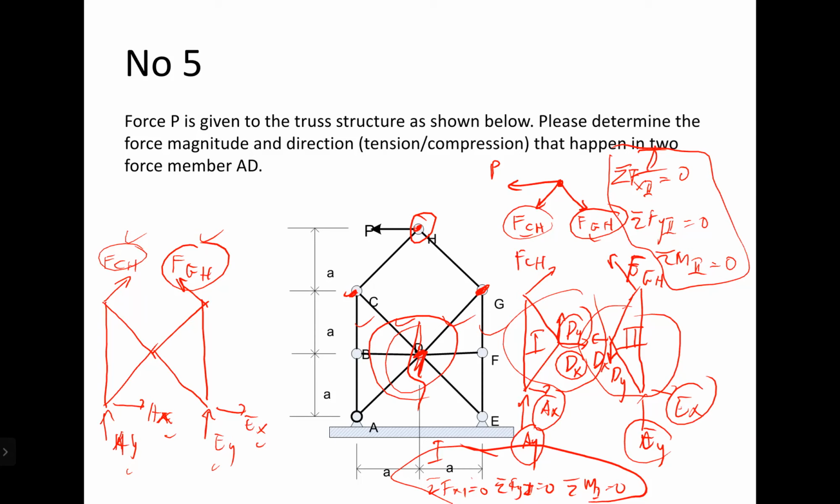Wait a minute. Actually, what you're supposed to do is just use sigma Fx and sigma Fy at point A. So AD cos 45 will be Ax. Oh, yeah. Sorry, my bad.